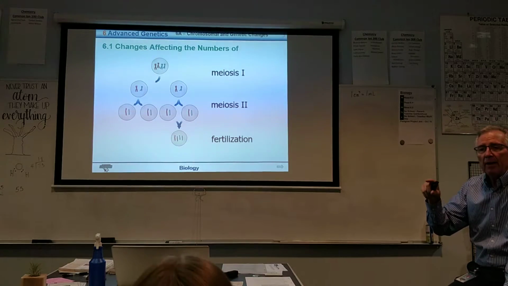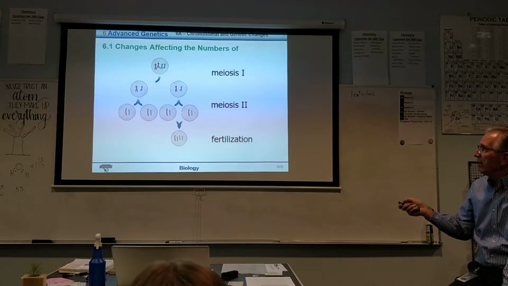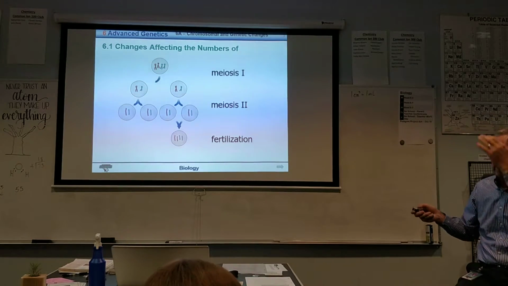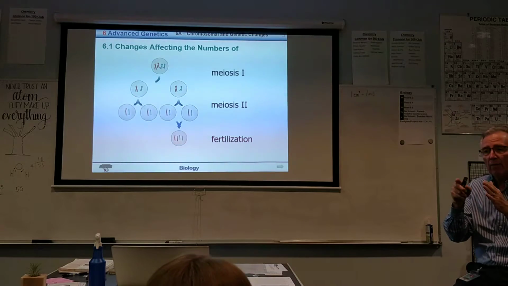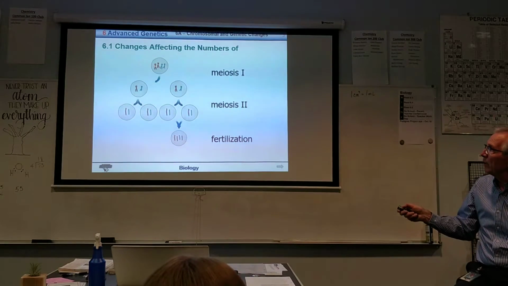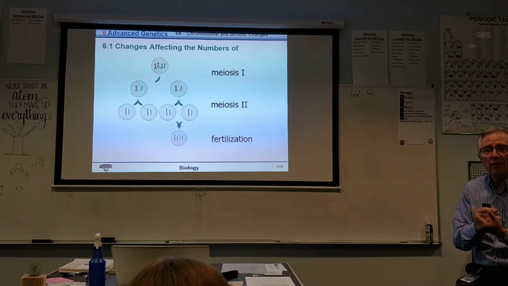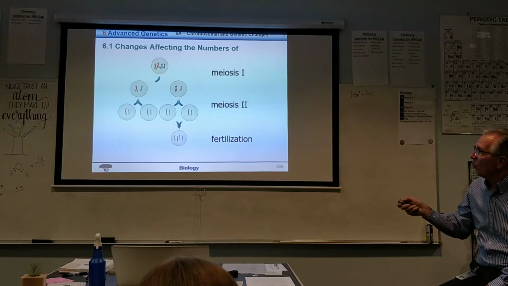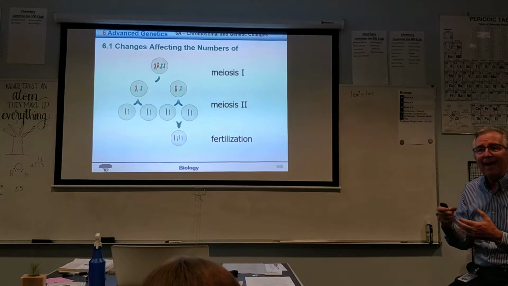And an egg and a sperm together can fertilize each other. And so down here we're at 1 of every set, not like we were up here where we had 4 of every set. We have 1 of every set, so we call that haploid.